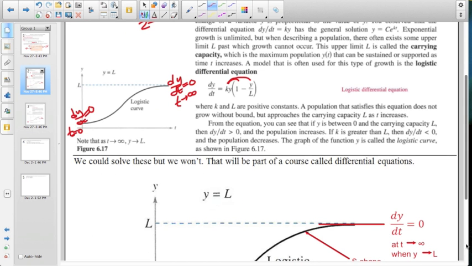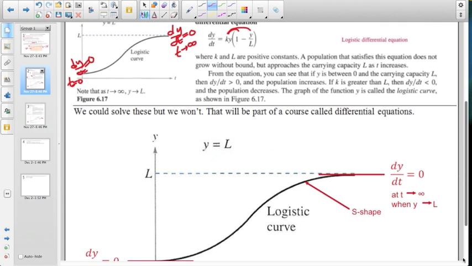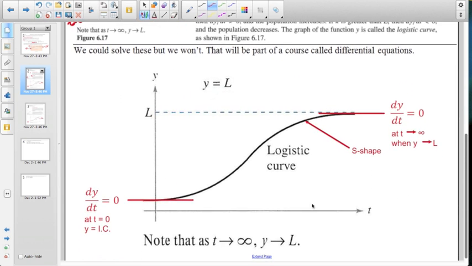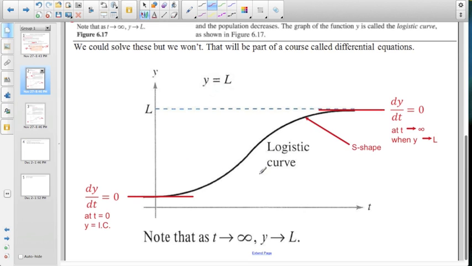So we have that kind of dual behavior there. And so on these S-shaped curves, these second degree differential or logistic equations, we have what we call this asymptotic behavior here, and a lot of times the term carrying capacity will be used.